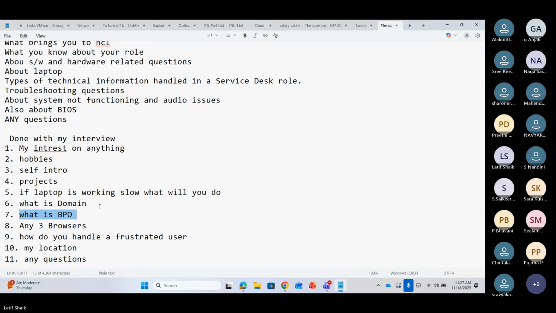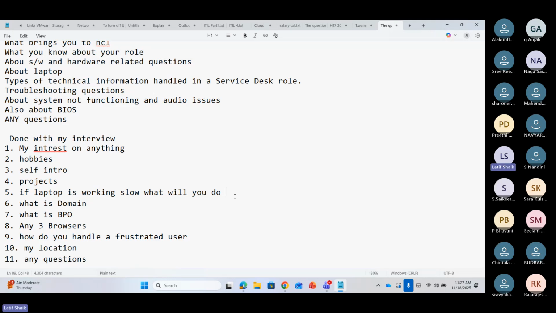What is the domain? If possible, I will explain domain tomorrow. If a laptop is not working, is slow, what will you do? Last class we discussed this: if the system is slow, what to do?